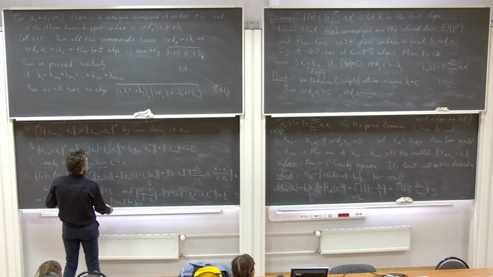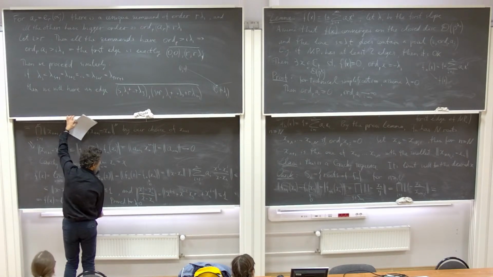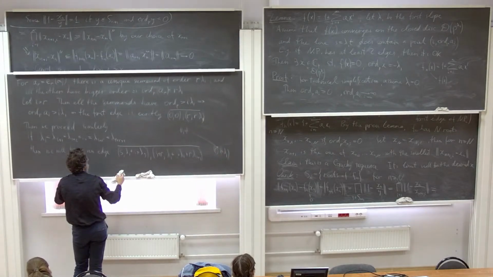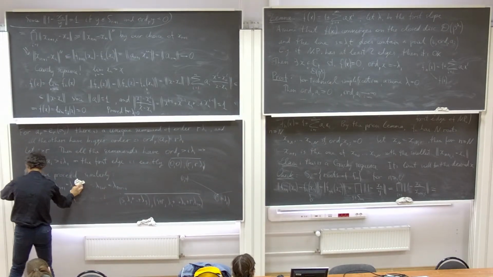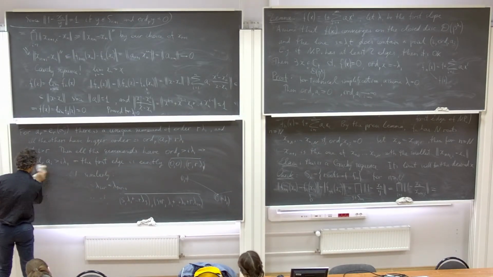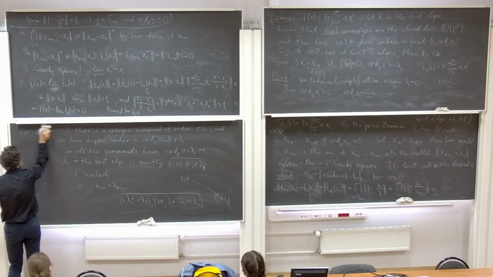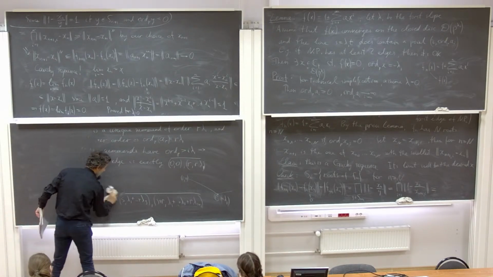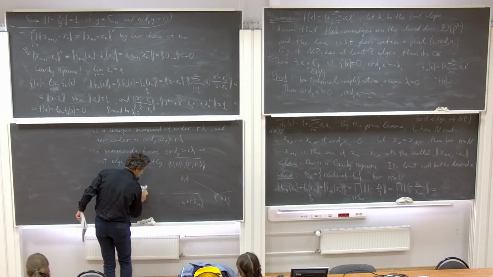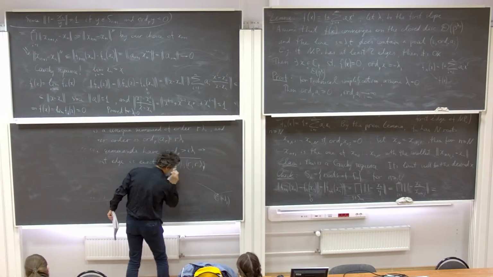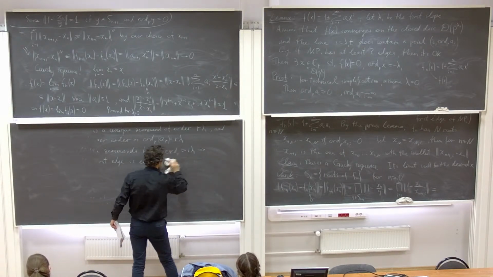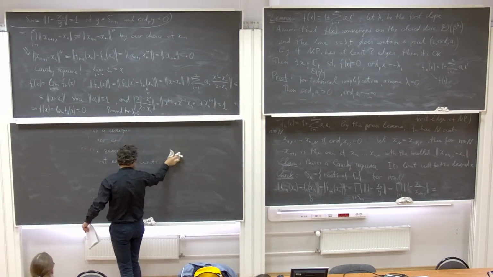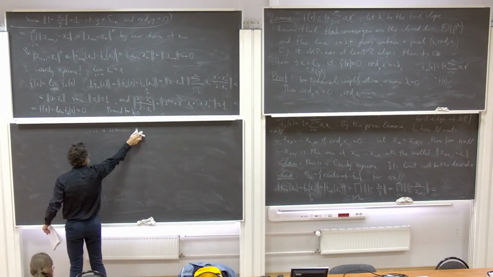Okay, now we have to reduce the general case to the particular case just by rescaling. So we just divide our variable x by the first coefficient, and this is our rescaling.